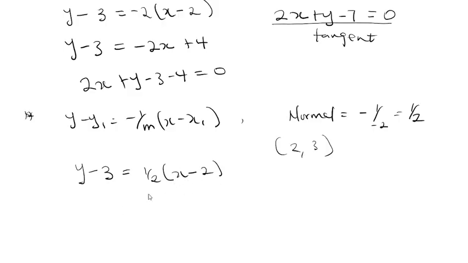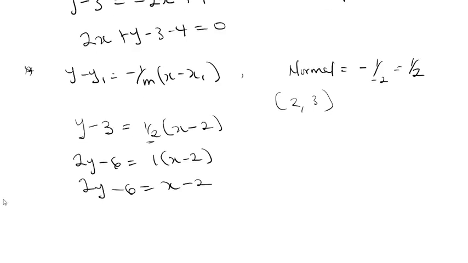Now we have a fraction here. We can multiply through to get rid of the fraction. So we get 2y minus 6 equals 1 times x minus 2. This is going to give us 2y minus 6 equals x minus 2.